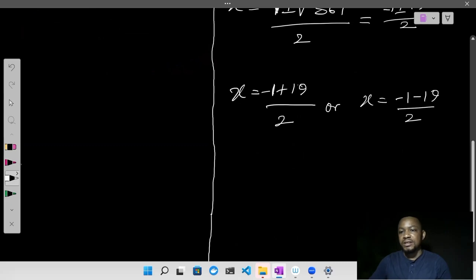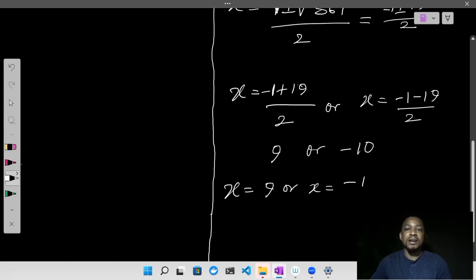Negative 1 plus 19 evaluates to 18, and 18 divided by 2 gives us 9, or minus 1 minus 19 gives us minus 20, and 20 divided by 2 gives us minus 10. So we can say that x equals 9 or x equals negative 10 are the roots of our equation.